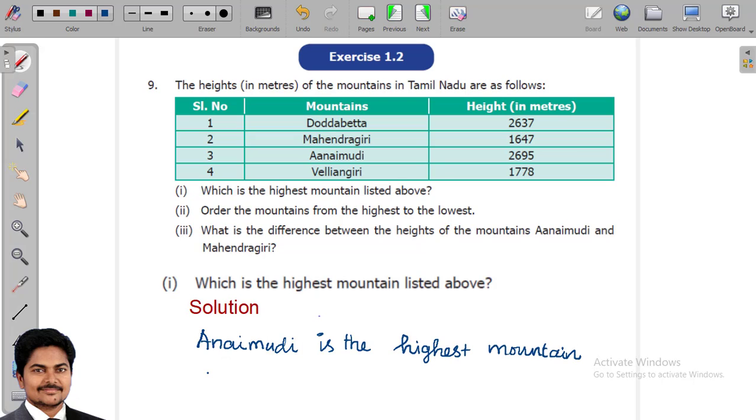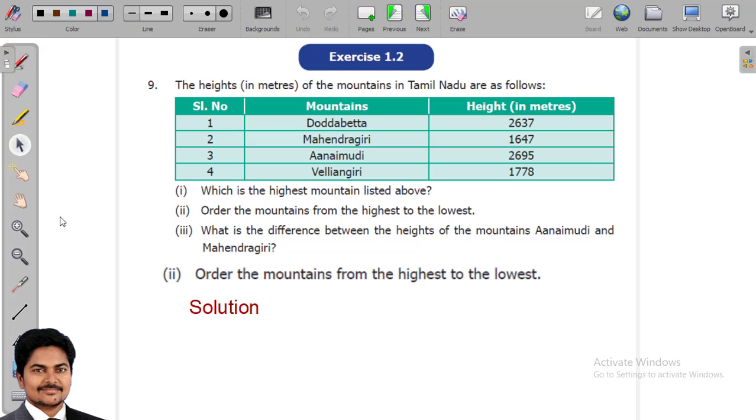listed above. The second question is, order the mountains from the highest to the lowest. First write these numbers in descending order. So 2695 is the biggest number. The next smaller number is 2637.